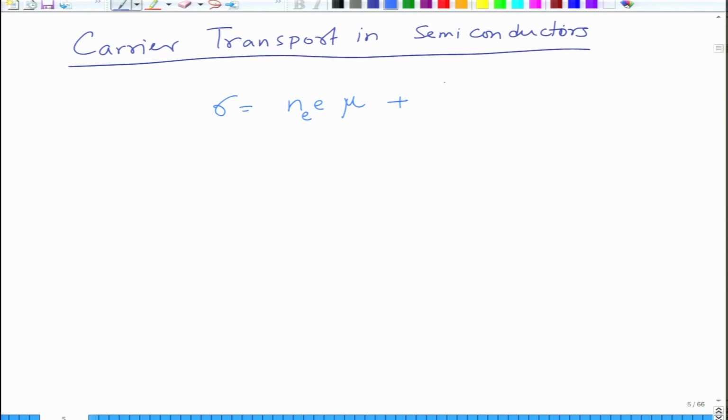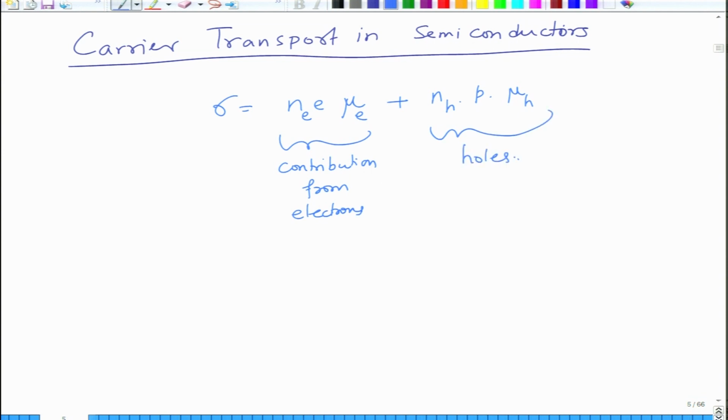So this is Ne e mu e. We also consider another carrier, which is Nh e mu h. So this is the contribution from electrons, and this is the contribution from holes.